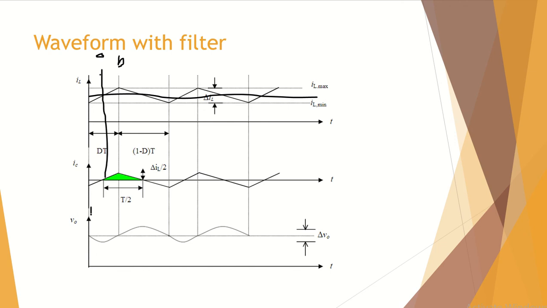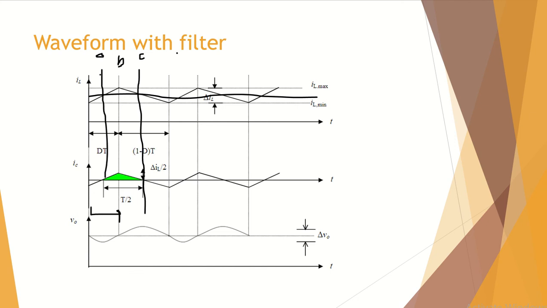So this portion is our on period. What will happen during the off period? Till point C, the inductor will charge the capacitor and will also maintain the load current.